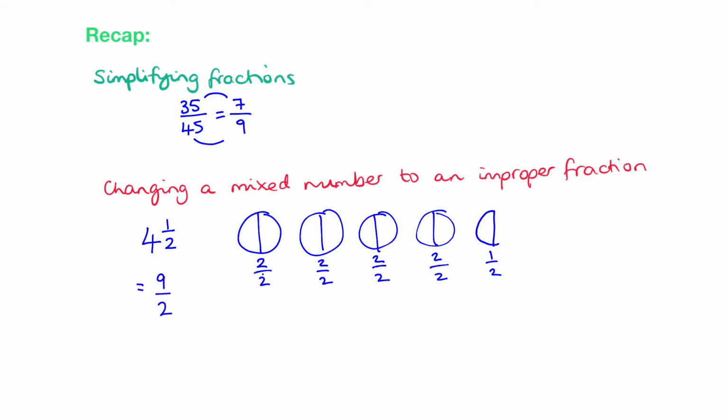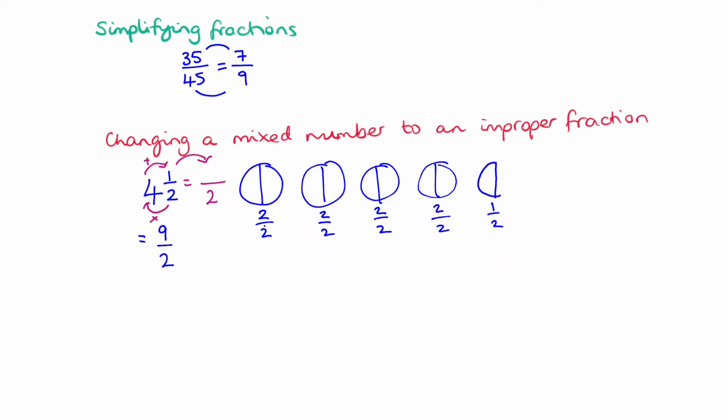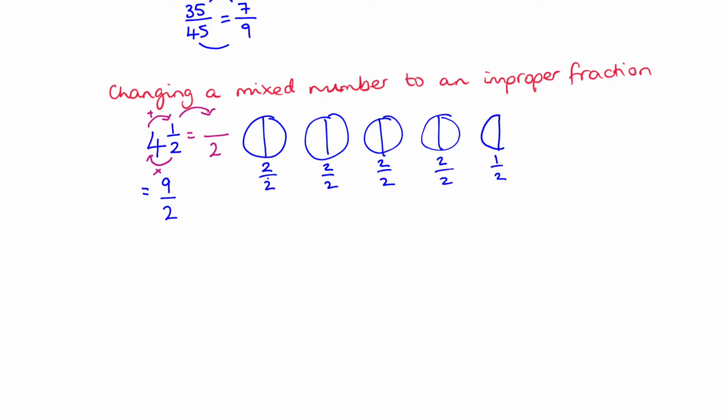So 9 over 2. And remember the system that we used for changing a mixed number to an improper fraction was we did that times that, and then we added that to get the number on the top. The number on the bottom stays the same. Okay, so we'll just practice that very briefly just now. We'll do 5 and 3/4.